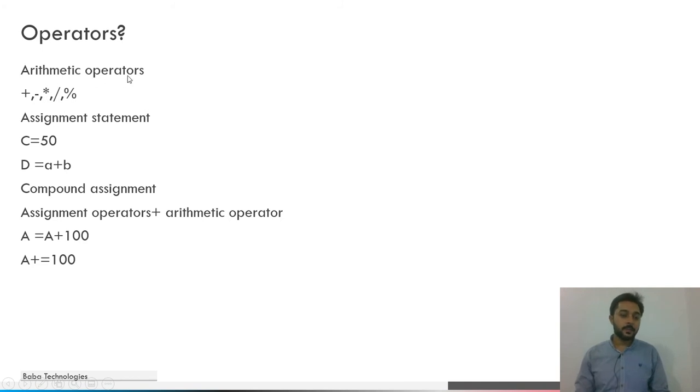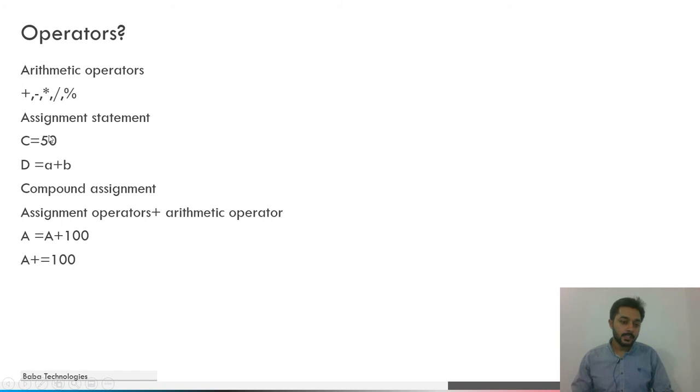These are the arithmetic operators, which work in the mathematical operations we discussed earlier in this lecture. And the second is the assignment operator, which is a very useful operator with a very simple concept. Let's see, c is equal to 50.